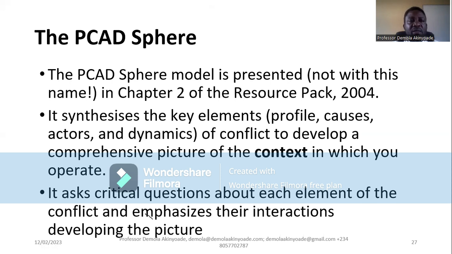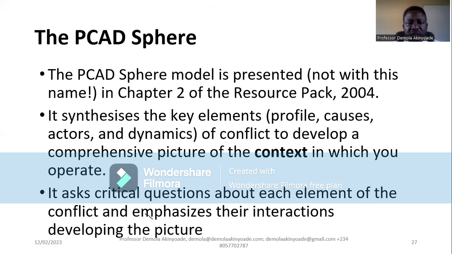So this PCAD synthesizes the key elements of conflict. And what are these key elements? Profile, causes, actors, and dynamics. And with these key elements, you're able to develop a comprehensive picture of the context of the conflict.